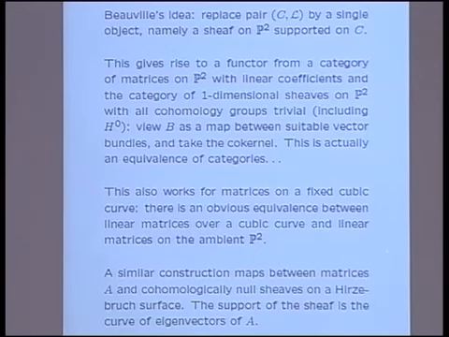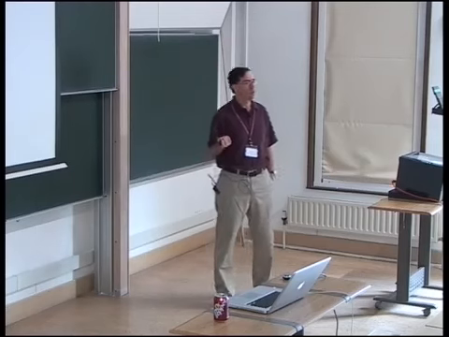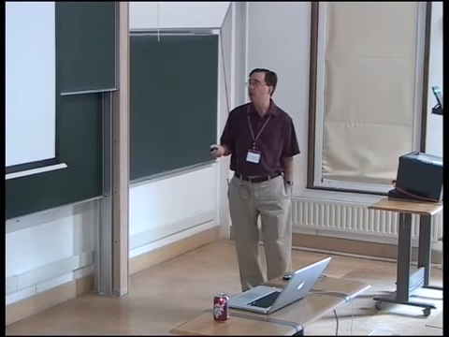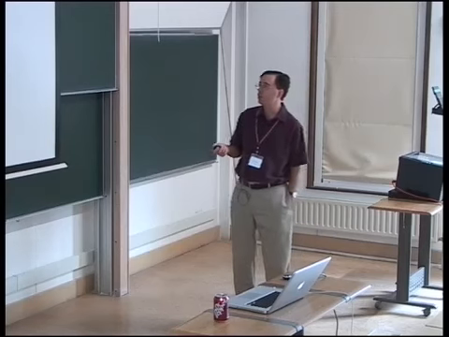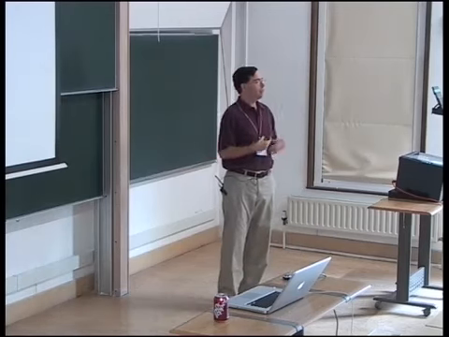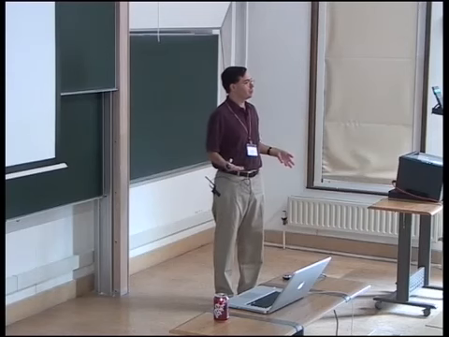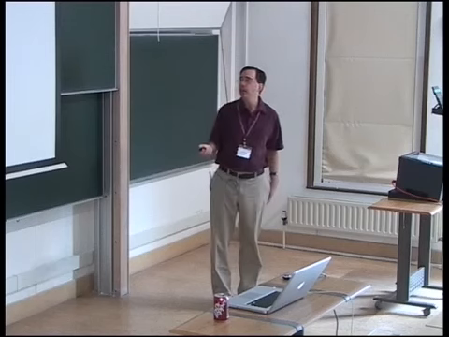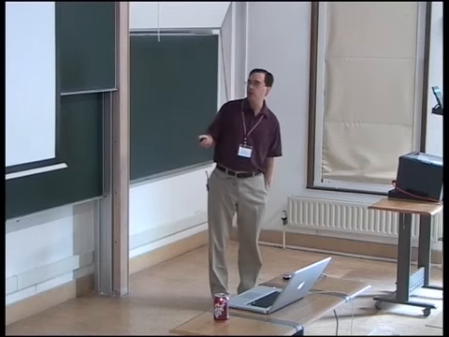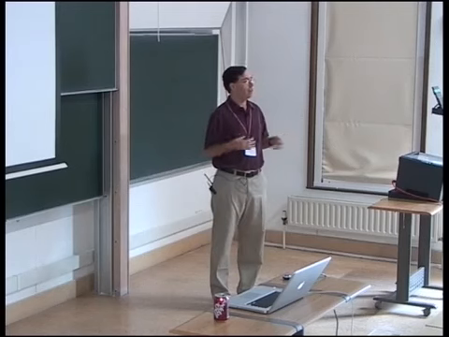So the upshot is matrices on a cubic curve with specified determinant, or with no constraint on the determinant, are classified by one-dimensional sheaves on P2. Okay, and there's a similar construction where given a sheaf on, say, P1 cross P1, or more generally a Hirzebruch surface that has no cohomology, then you can construct one of these symmetric matrices A and vice versa.